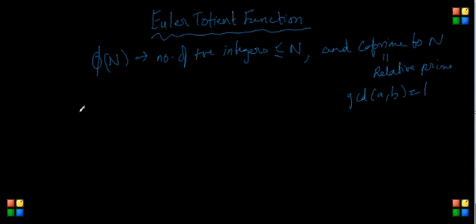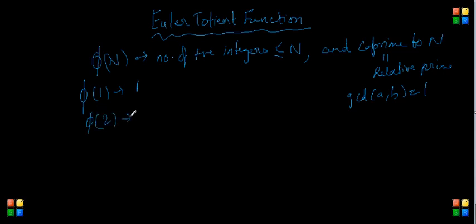So let's see phi of 1. 1 is the smallest natural number, and we count the number of positive integers less than or equal to n which are co-prime to n. Obviously 1 is co-prime to itself, and that's the only number, so phi of 1 will be 1.